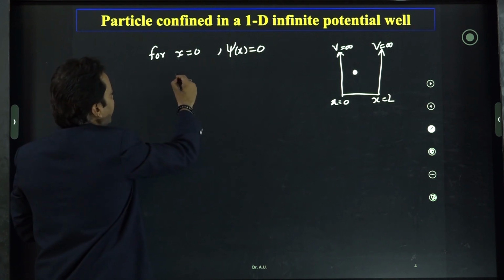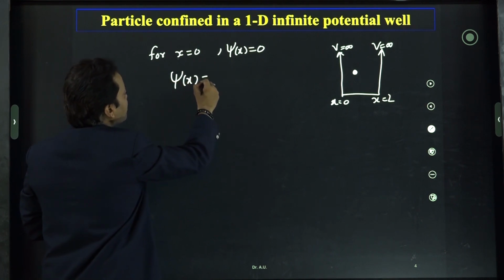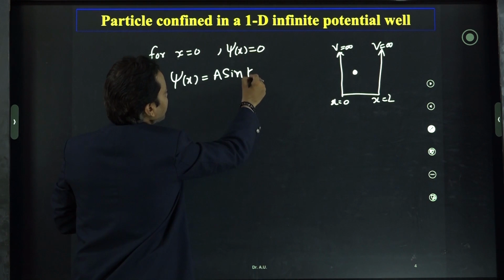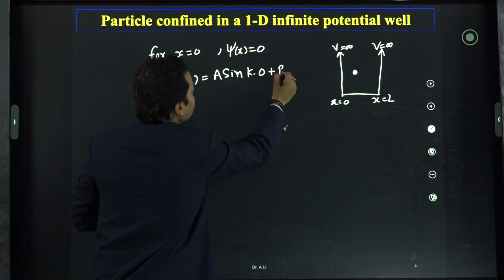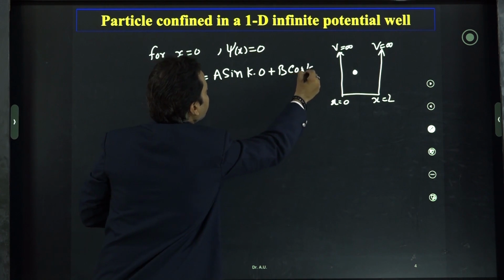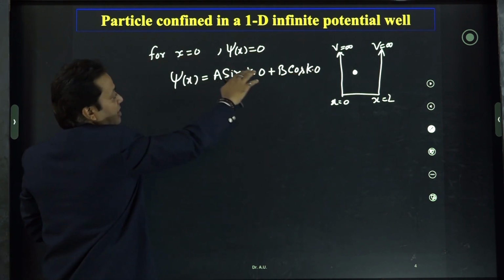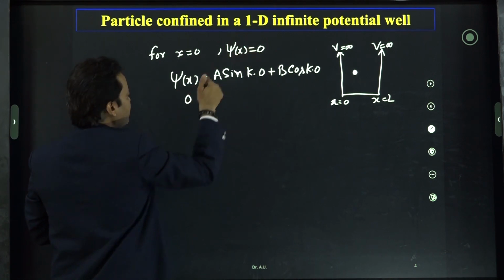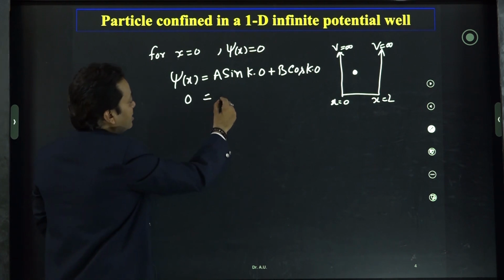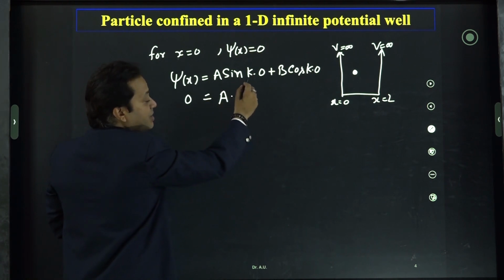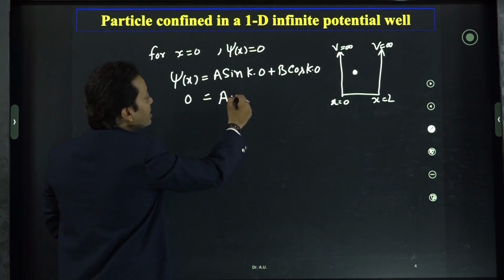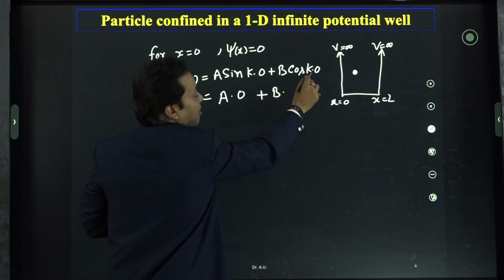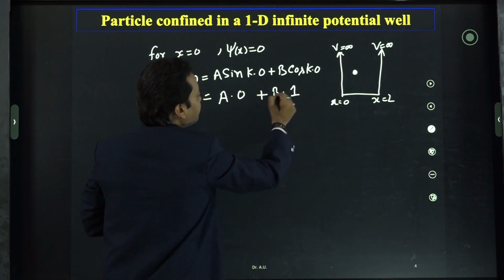So we can write psi of x is equal to a times sine of k multiplied by 0 plus b cos k times 0. We are replacing x by 0. This is equal to 0 because the wave function is 0. So we can write a times sine of 0, k times 0 means 0, sine of 0 is 0, plus b times cos of 0, cos of 0 is 1.